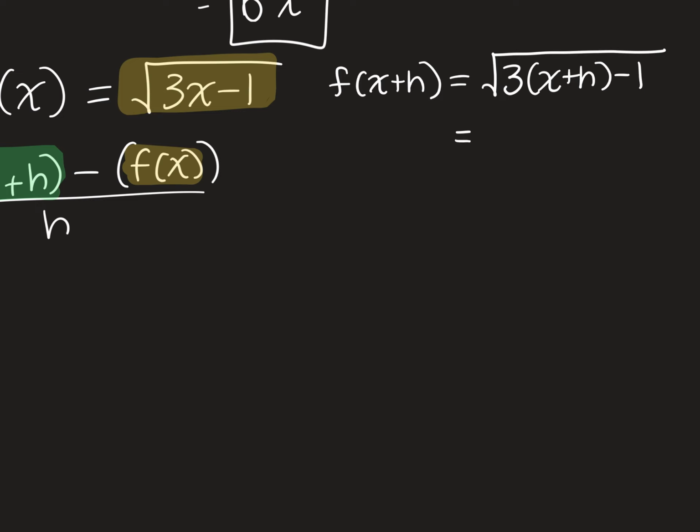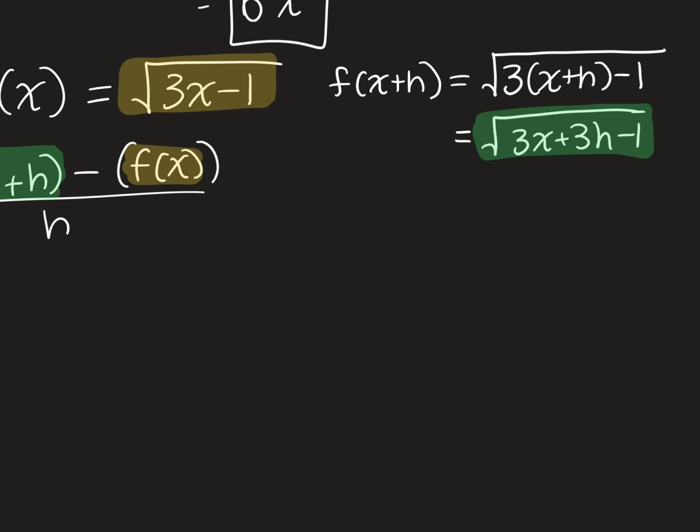So maybe distribute that 3, and you'll have 3x plus 3h minus 1. We can't combine like terms. We can't take the square root of this because we don't know what that sum is. So this is the best I can do. This is what I put where my f of x plus h is.